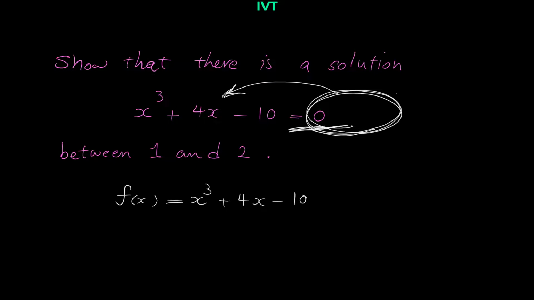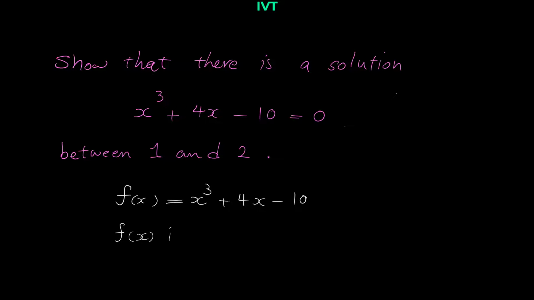Here in this case we have nothing, it's 0, so we just name this expression f of x. And attention that f of x is a polynomial, and we know that every polynomial function is continuous. So immediately we mention f of x is continuous.